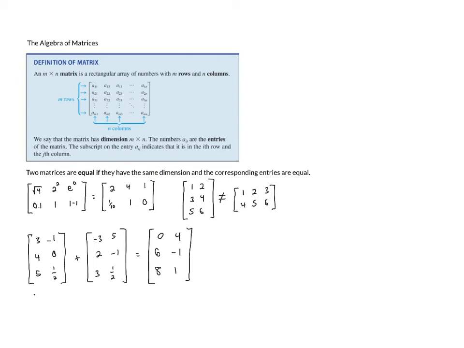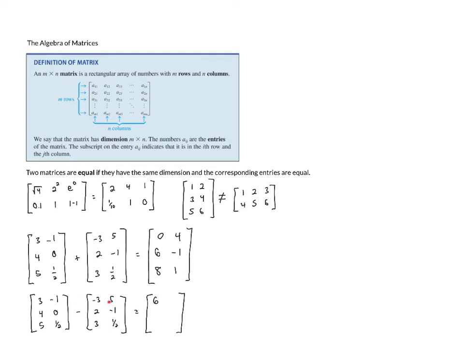We can similarly subtract these matrices from each other by subtracting the corresponding entries, just like we added them in the last example. So again, we're going to get a resulting matrix that has dimensions 2 by 3. But now we've got 3 minus negative 3, which is the same as 3 plus 3, which is 6.